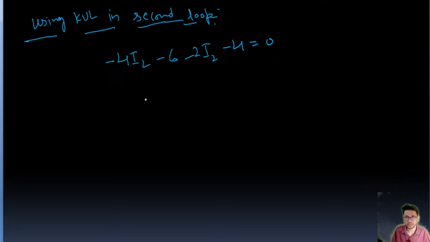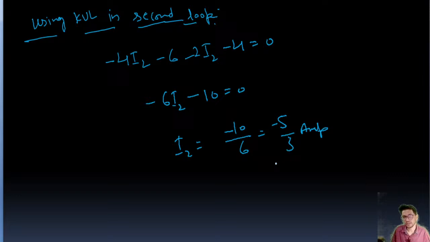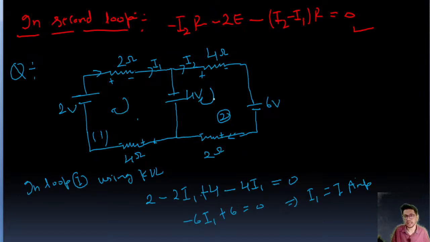From here it is minus 6 I2 minus 10 equal to 0. So I2 is going to be minus 10 upon 6, that is minus 5 upon 3 ampere. So simply we have found the current in loop 2. Very simple question. I hope guys you have understood it.